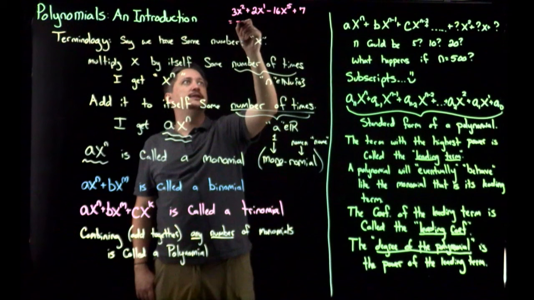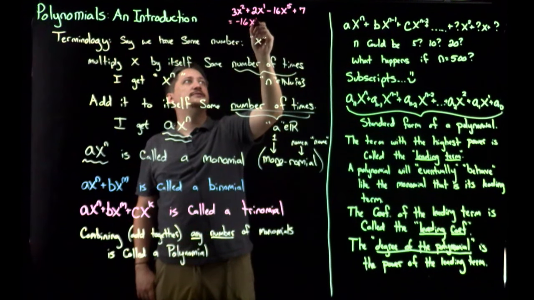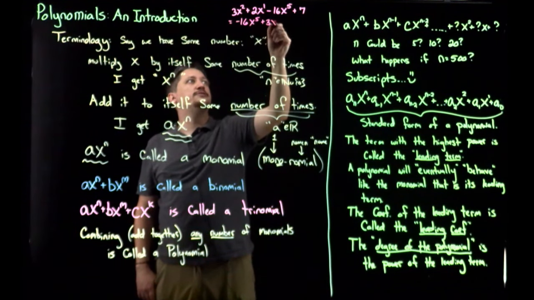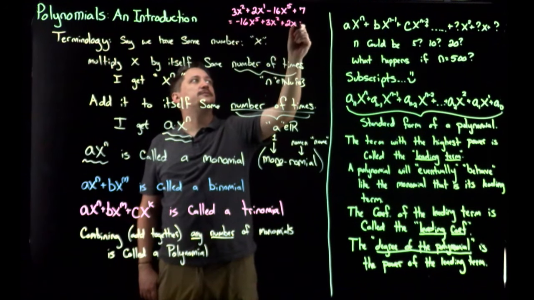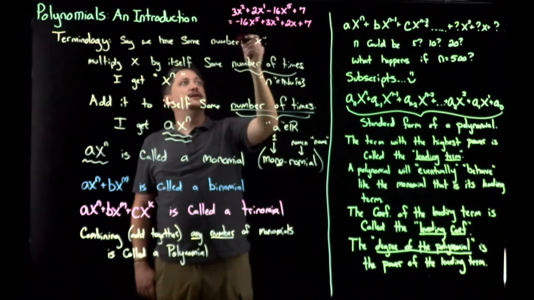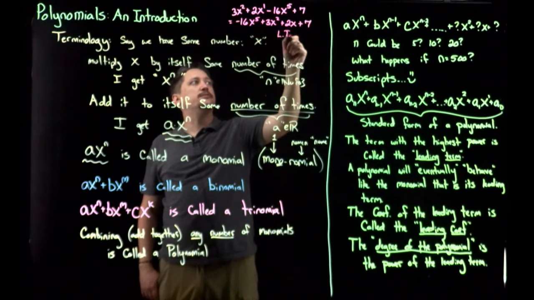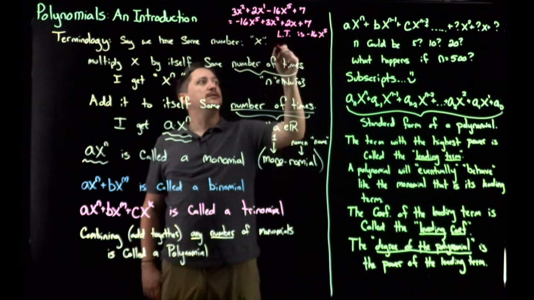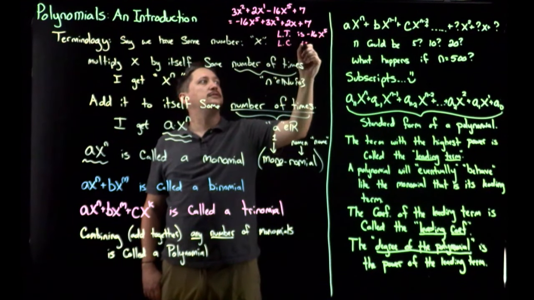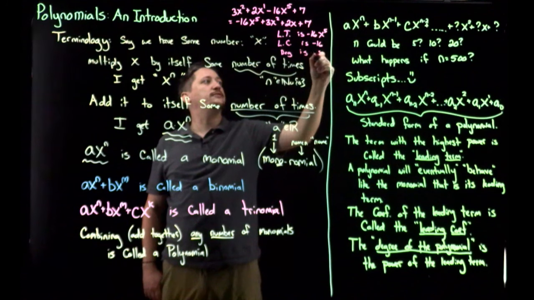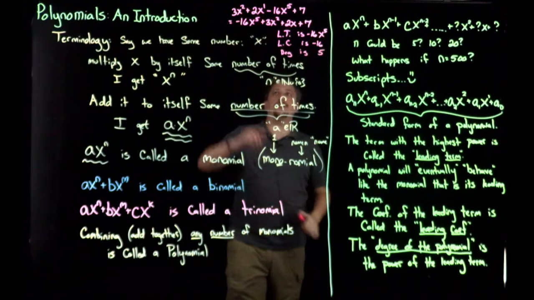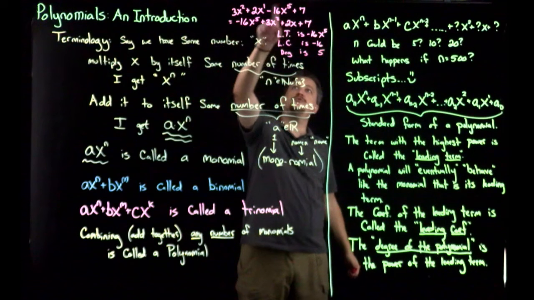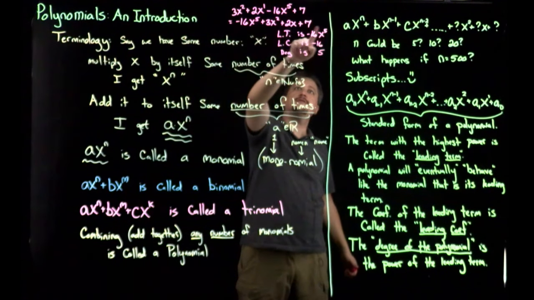So this thing is really negative 16x to the 5th plus 3x squared plus 2x plus 7, where now the leading term is negative 16x to the 5th. The leading coefficient is negative 16, and the degree is 5, right? The leading term is the highest power term, which was negative 16x to the 5th.